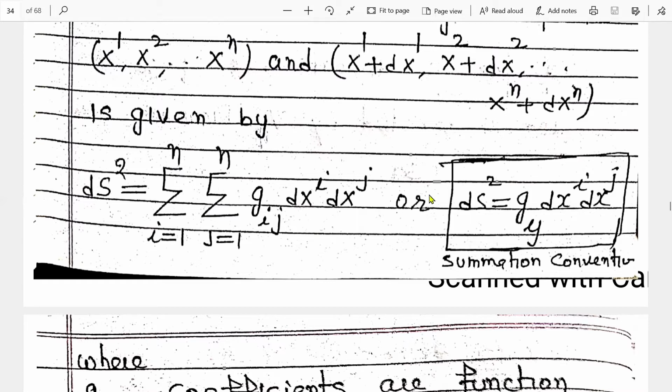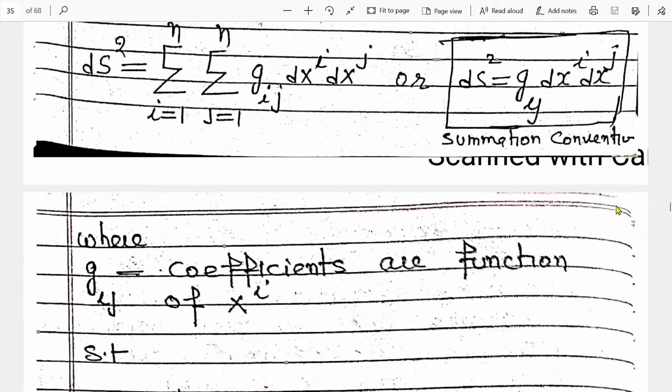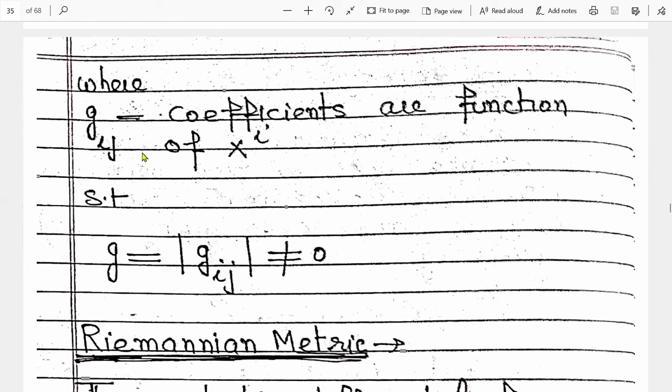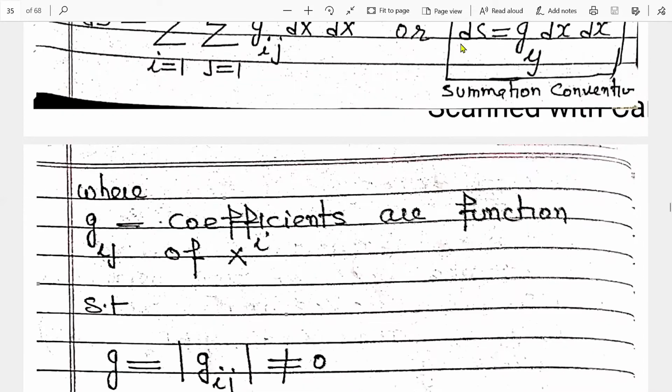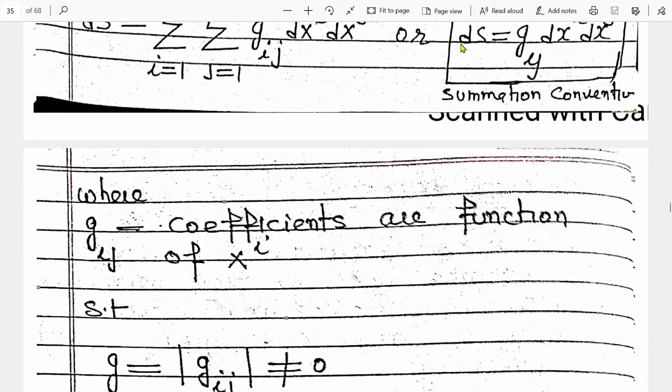So this can be written in the form gij dxi dxj, where gij are coefficients which are functions of xi such that the determinant of gij is non-zero.